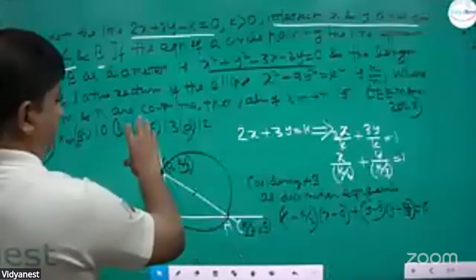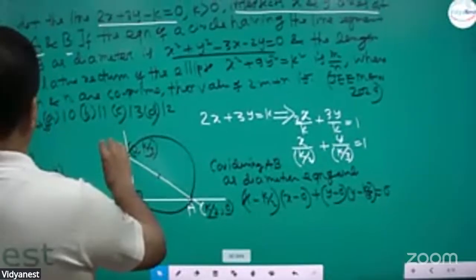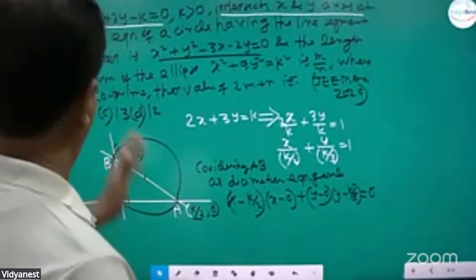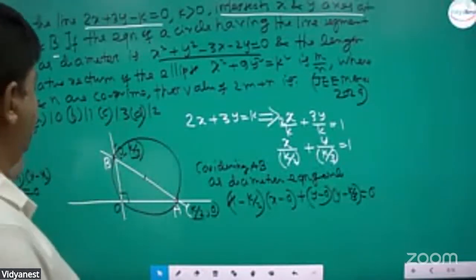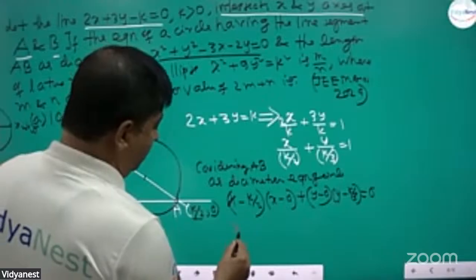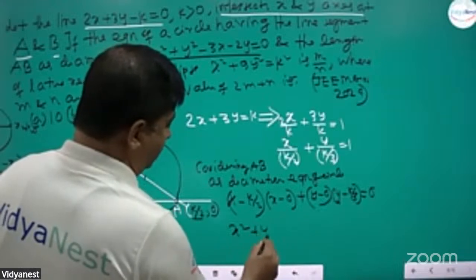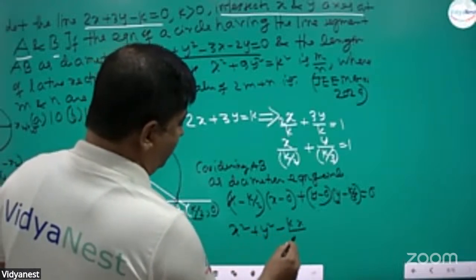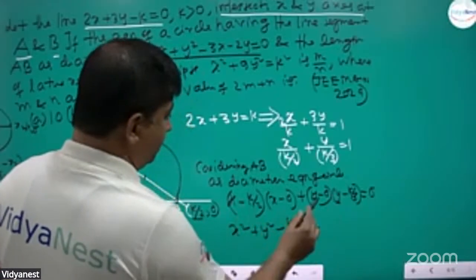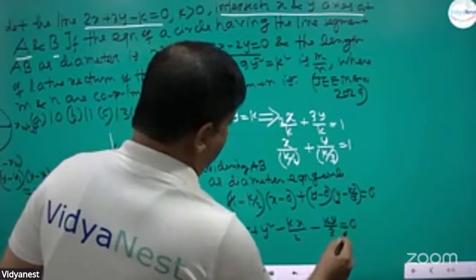Wait for a while. Hope you have seen the question. For the accommodation of the sum, I have taken it on one side. Now multiply: x square plus y square minus kx by 2 minus ky by 3 is equal to 0.